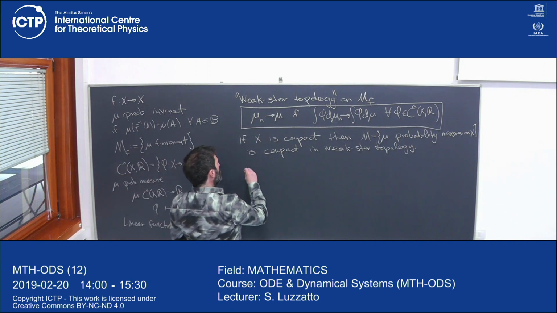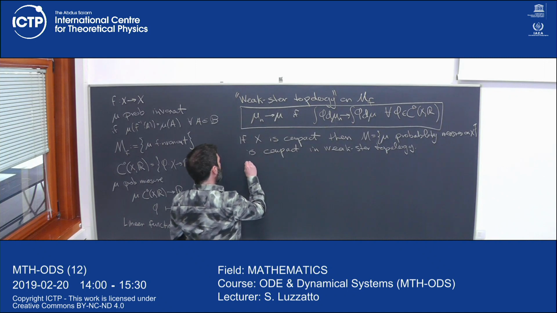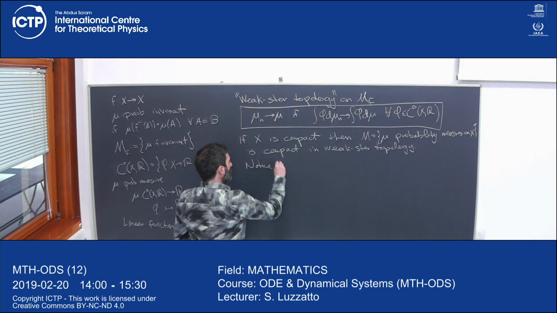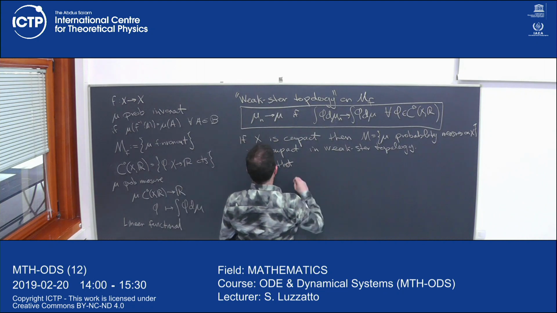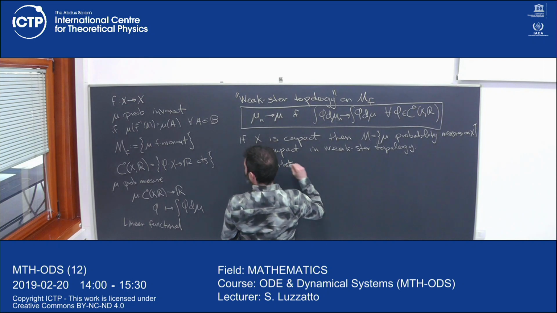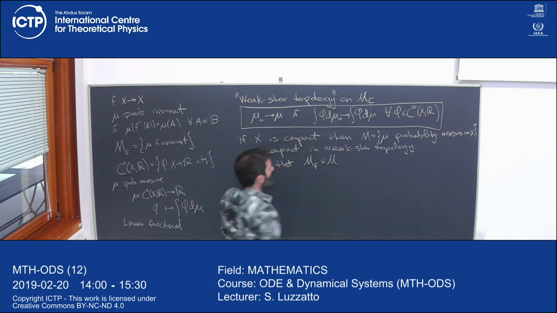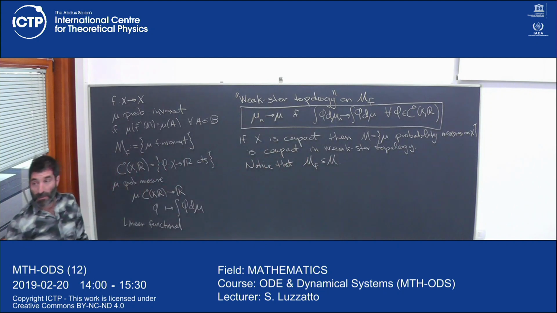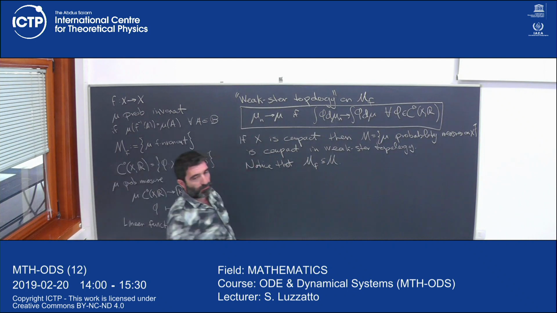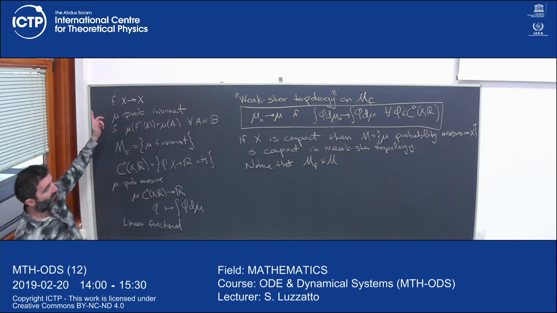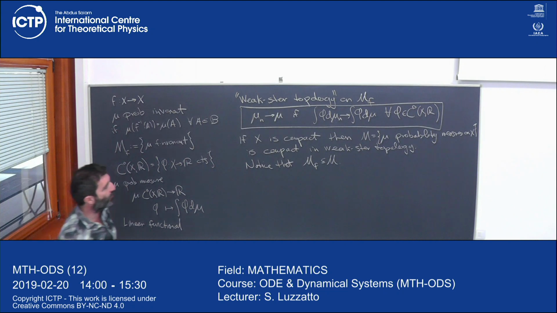Notice that M_F is a subset of M, of course. In principle, it may be empty, a priori. We're going to show that it's non-empty if X is compact and F is continuous. That's the theorem we want to prove.